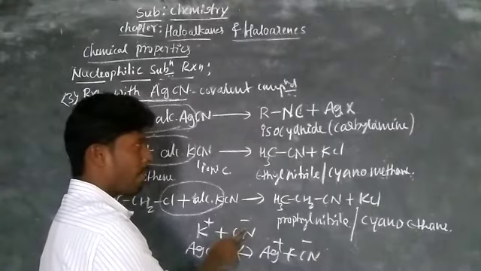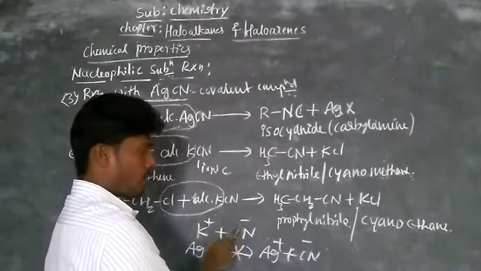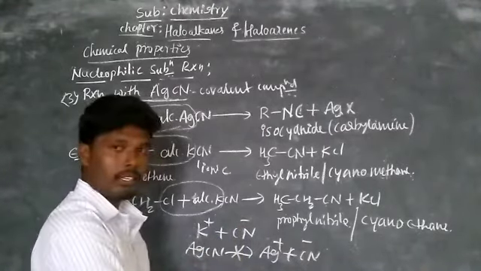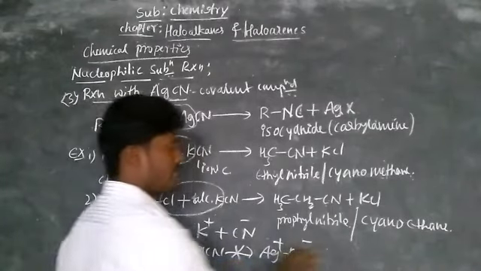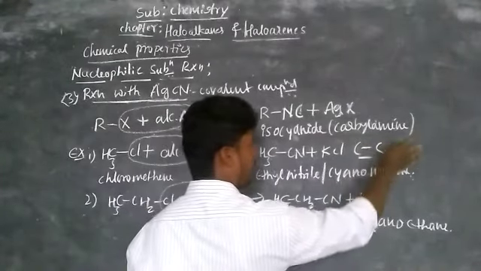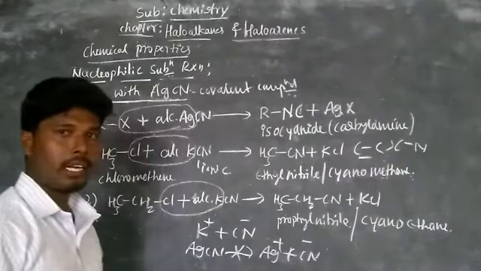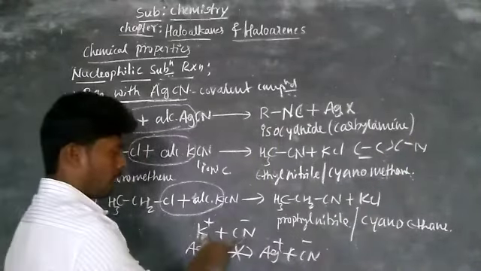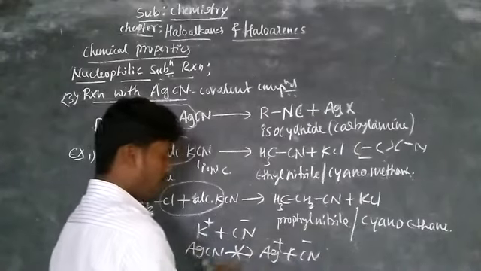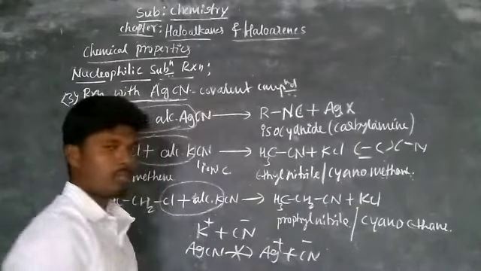This easily attaches through carbon to the next carbon, because the C-C bond is more stable than the C-N bond. Hence, potassium cyanide gives nitrile, and silver cyanide gives isocyanide.